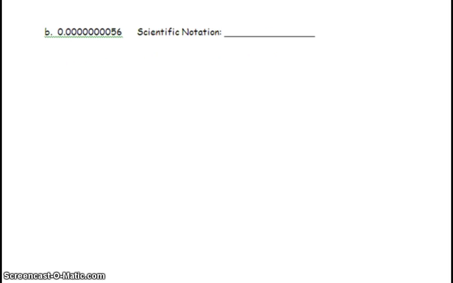And let's do one more example together. Now obviously we're seeing a very small number. So first of all, decide where you want to move the decimal point to. We need a number between 1 and 9.9. I'm feeling 5.6.